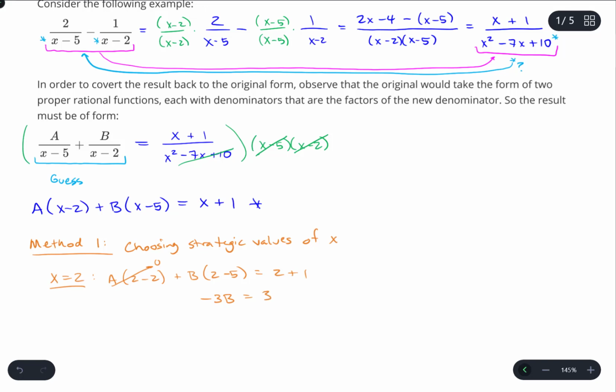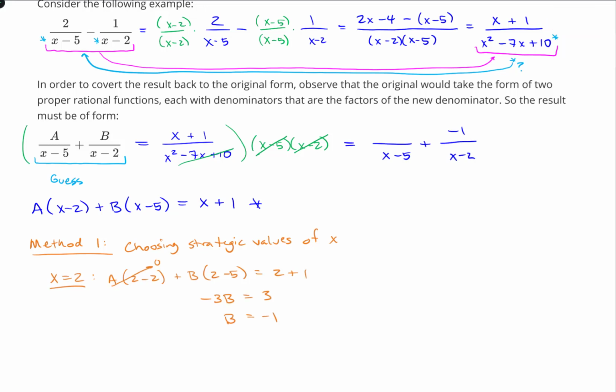2 plus 1 is 3, and if I divide by negative 3, it reveals that B has to be negative 1. So for this to be true, B would have to be negative 1. So we still don't know what A is, but we've just learned that B is negative 1. Now another value of x that I could choose that would be strategic would be x equals 5.